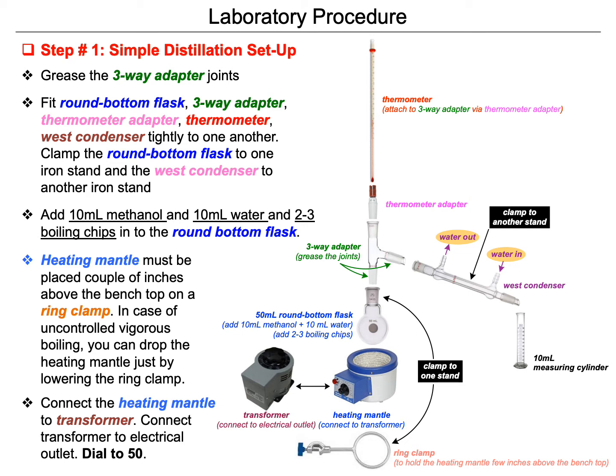Please note the instruction: you need to fix all the components by clamp, and we need 20 milliliters of a mixture of water and methanol inside the round bottom. The heating mantle is placed on the ring clamp, so in case something happens, you can lower the ring.